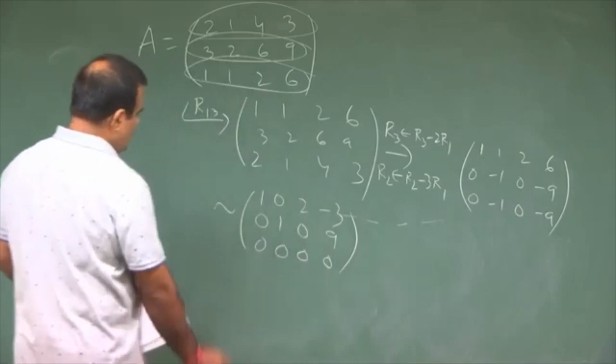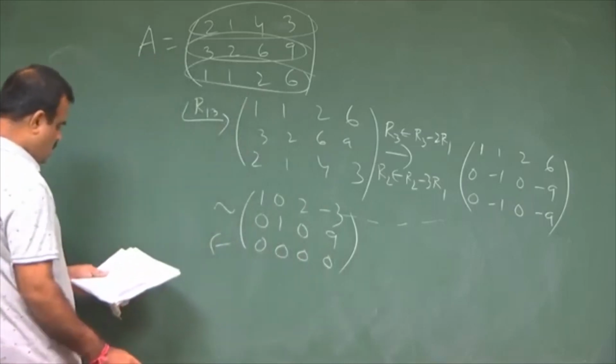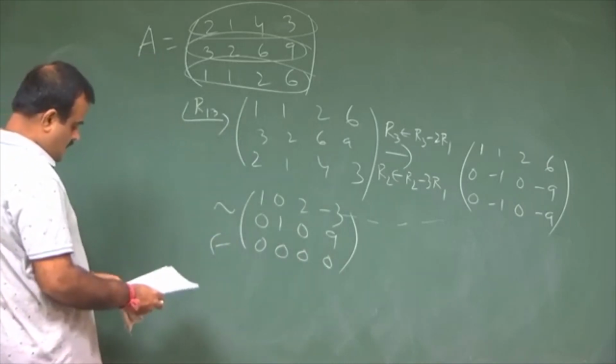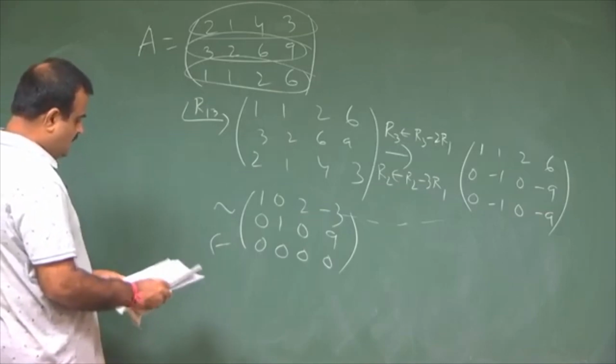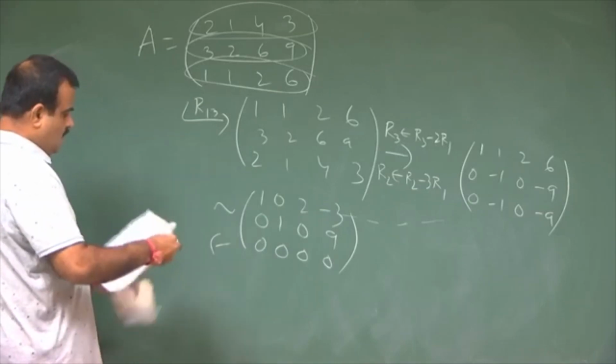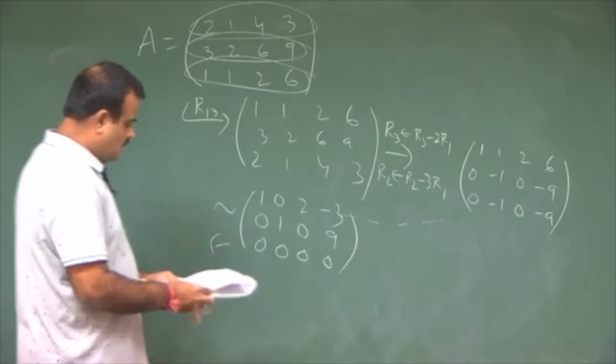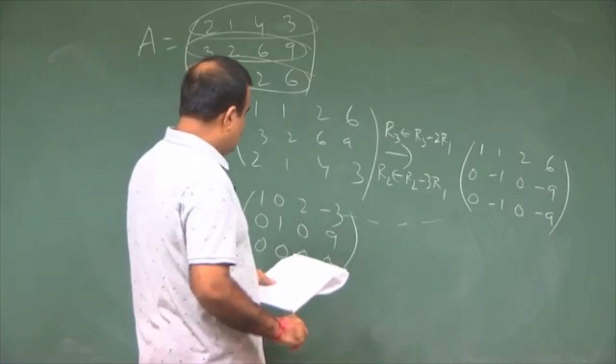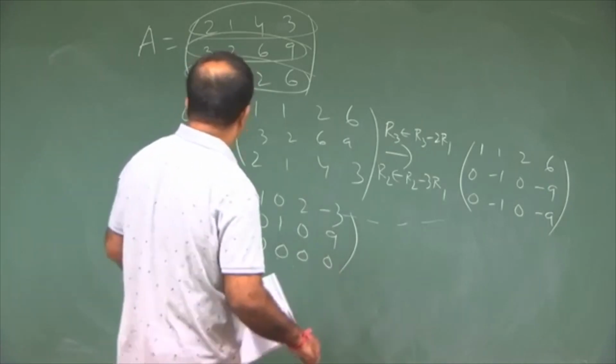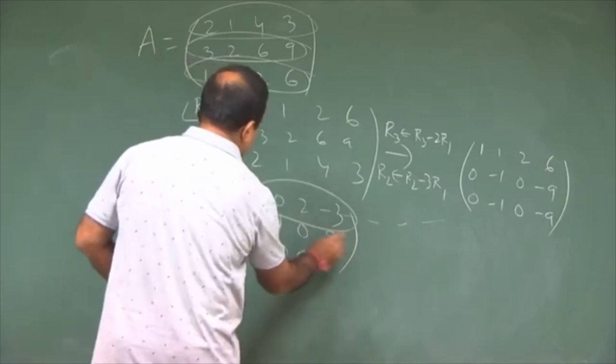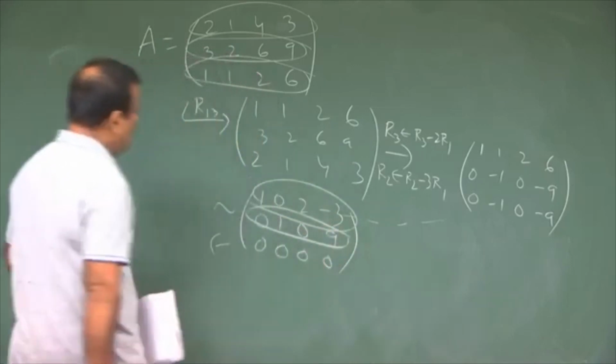So, this is our row reduced echelon form, and this will give us the basis of this vector space. So, these are the elements in the basis.